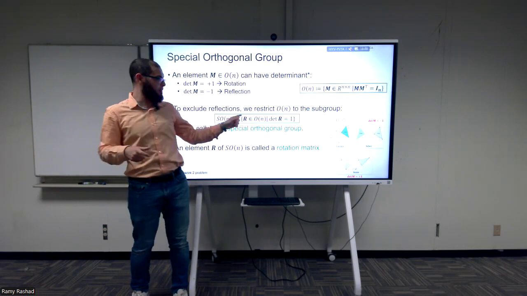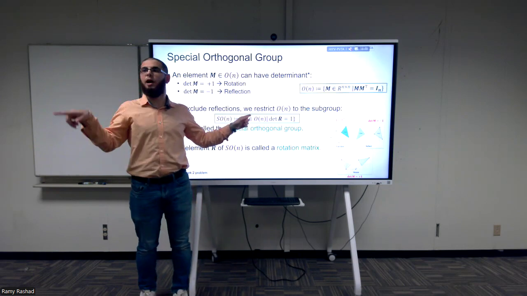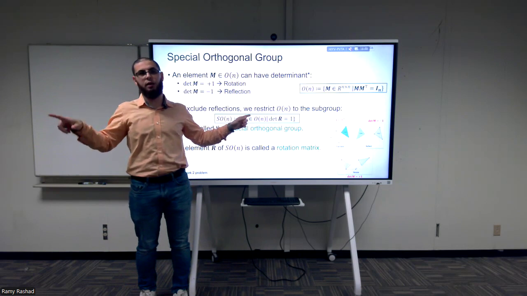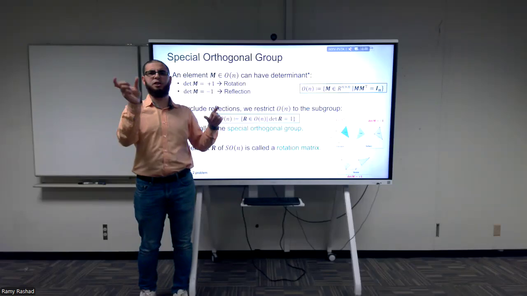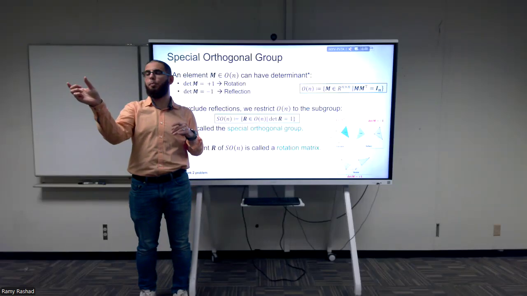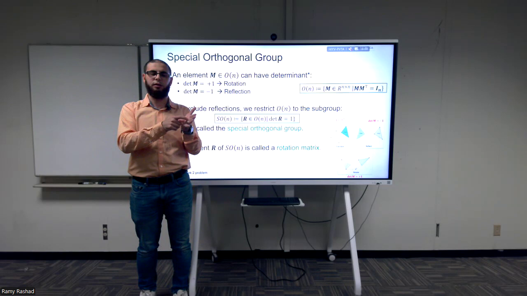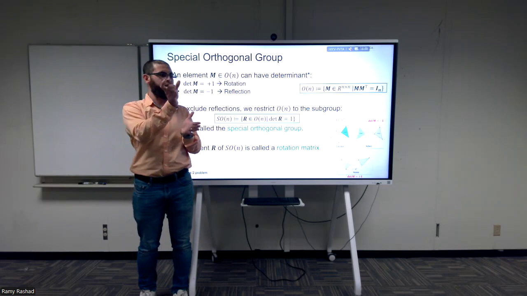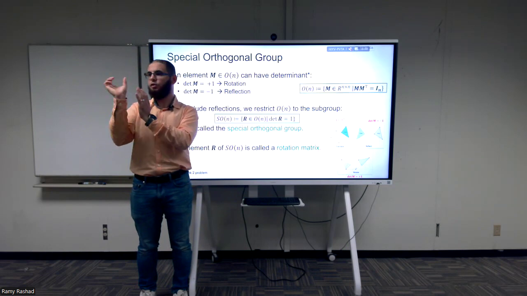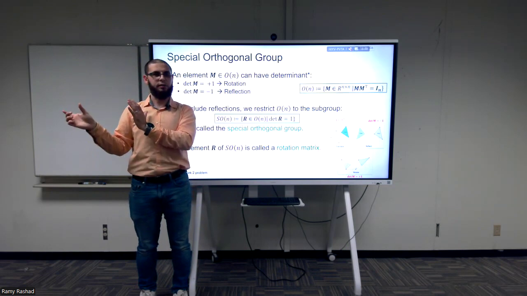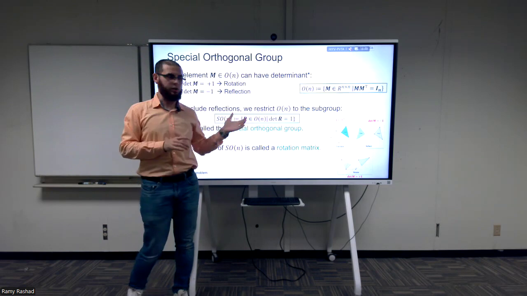If I have a matrix with determinant 1 multiplied by another matrix with determinant 1, the result has determinant 1. This is because of a famous property from linear algebra, that the determinant of the product of two matrices A, B is equal to the determinant of A multiplied by the determinant of B. This is what you use for the proof.